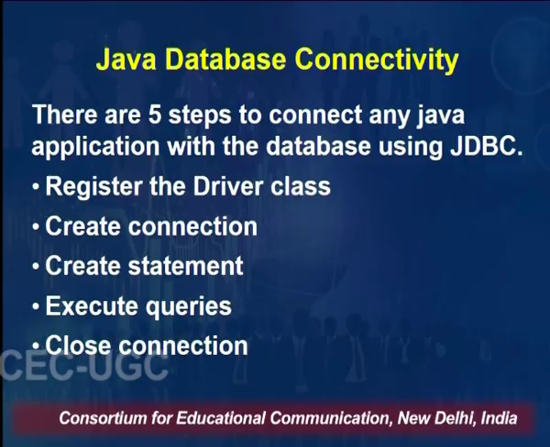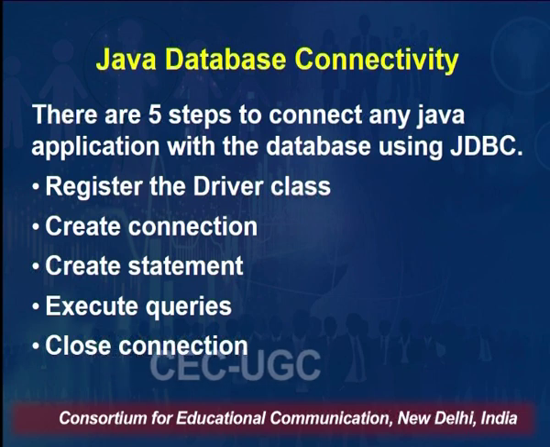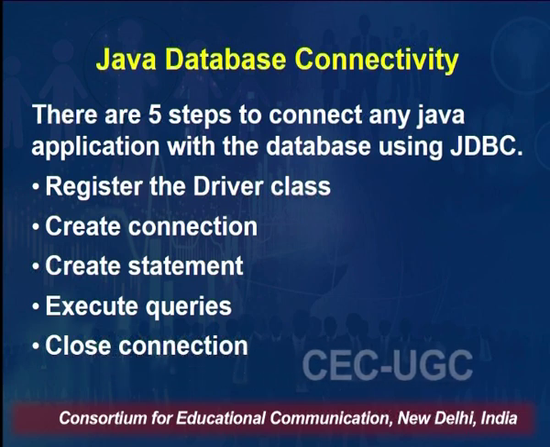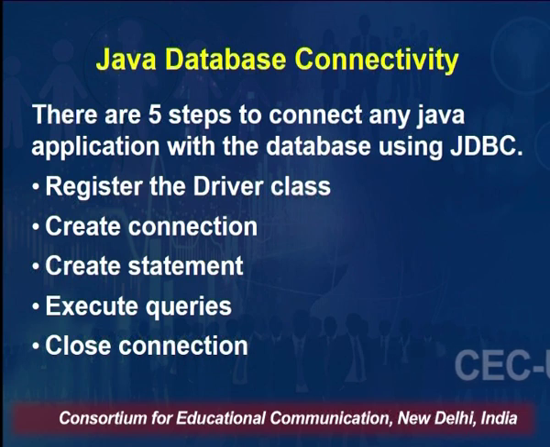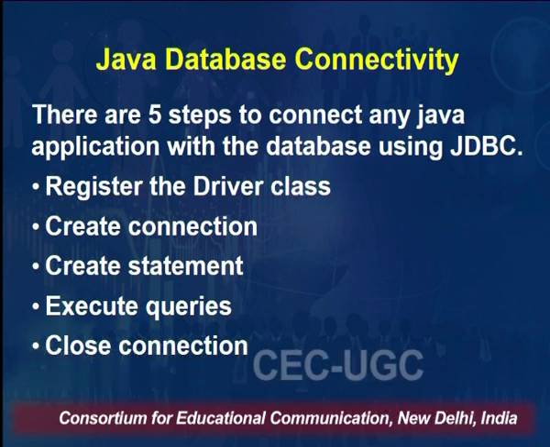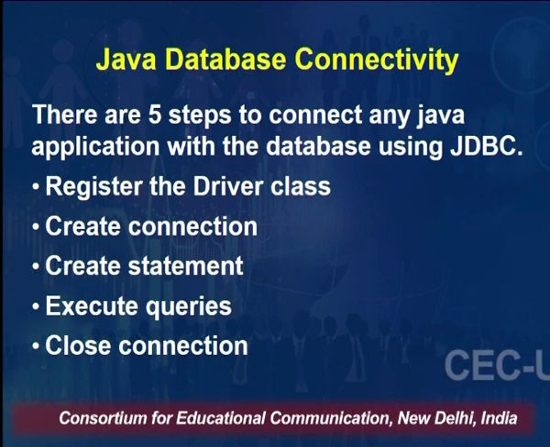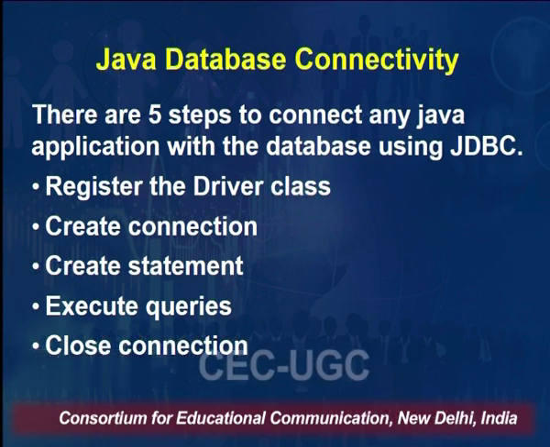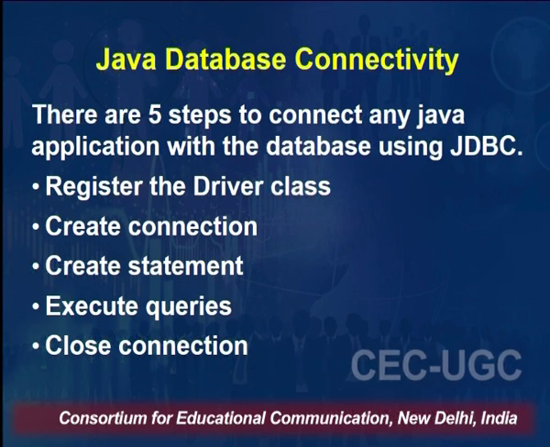So, in Java database connectivity, there will be 5 steps in order to connect any Java application with the database when done using JDBC. First is registering the driver class, second is creating the connection, third is creation of the statement, fourth one is execution of queries, and fifth one is closing of connection.